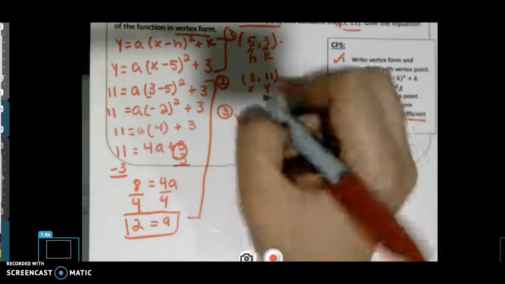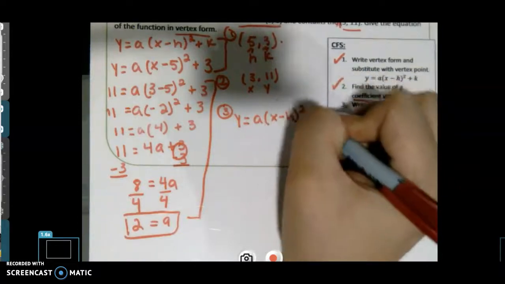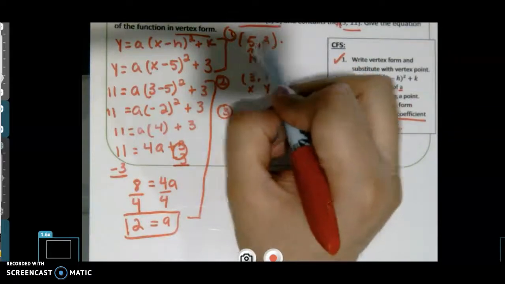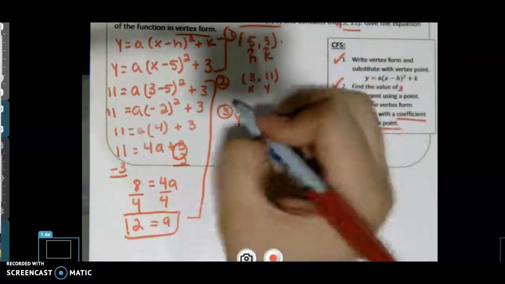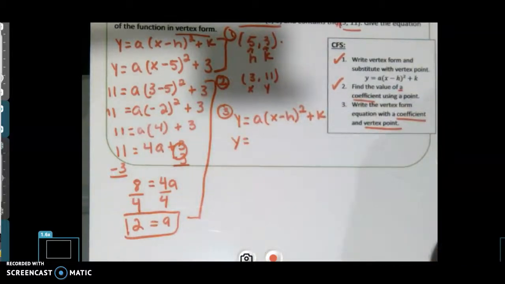y equals a(x minus h)^2 plus k. So we have my vertex point, which is 5 and 3. Remember that? So y equals, now do we have my a coefficient? Of course we do.